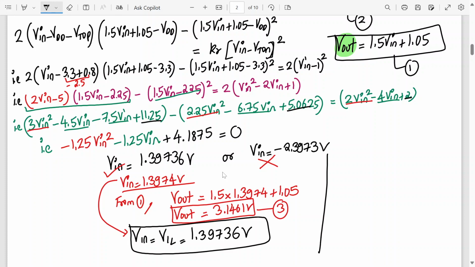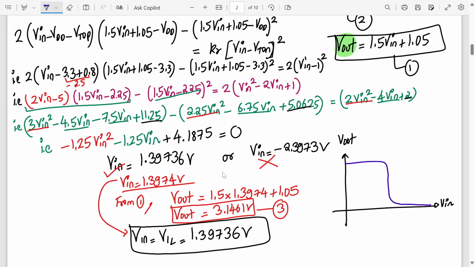You know what is the meaning of this? Let me just show it to you, so that you will better appreciate what we are doing. If you plot this curve, V in versus V out, and you have this graph, VTC curve, where is your VIL? Somewhere around here. As you appreciate, this is 3.3 maximum value, this is V in equal to VIL.